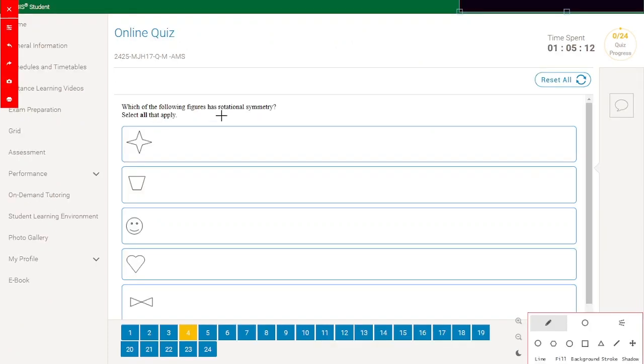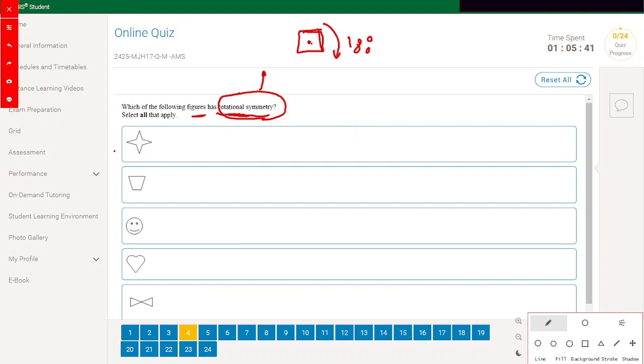Which of the following figures has rotational symmetry? Rotational symmetry means if I rotate the figure 180 degree from its center and nothing changes to the shape, then this figure has rotational symmetry.